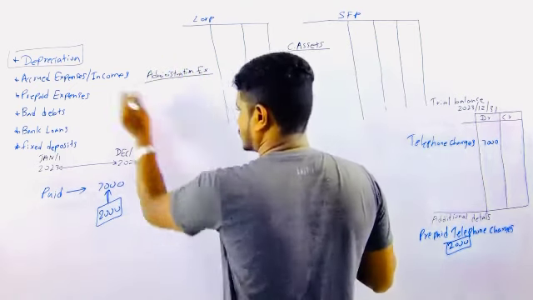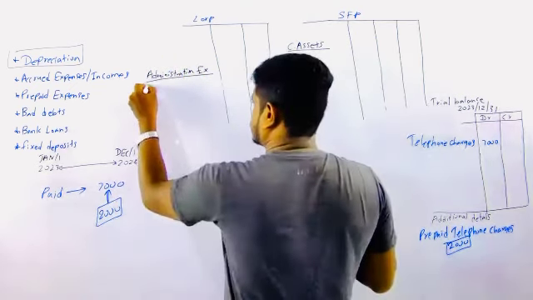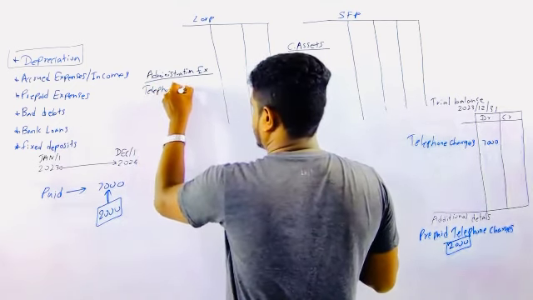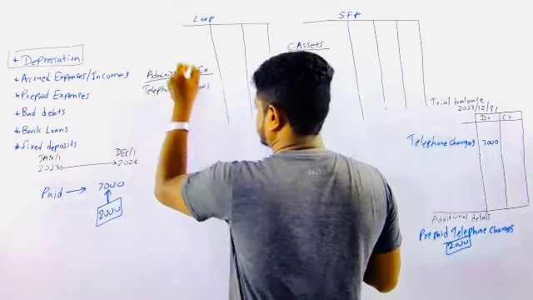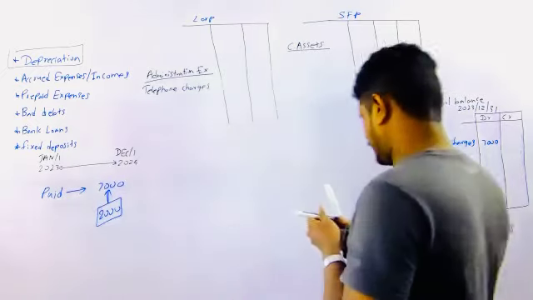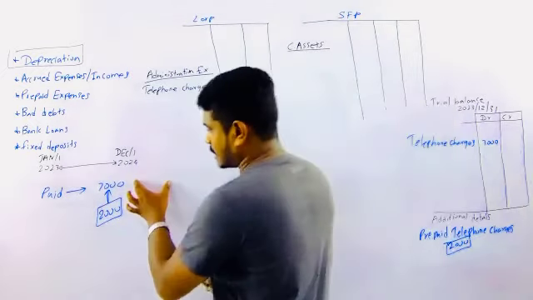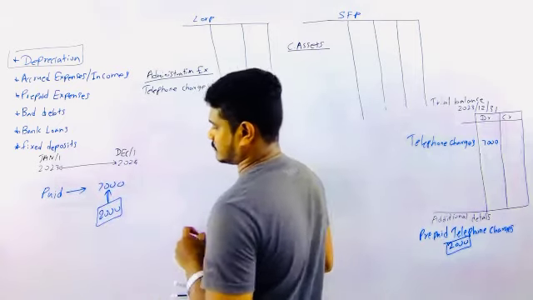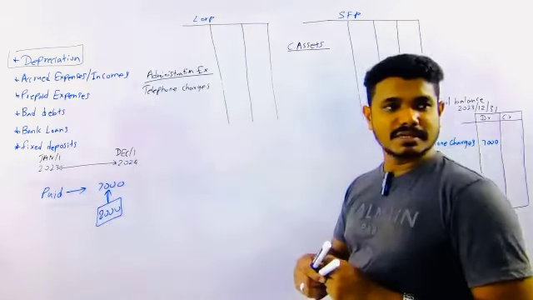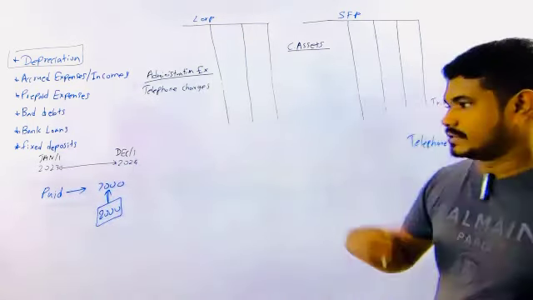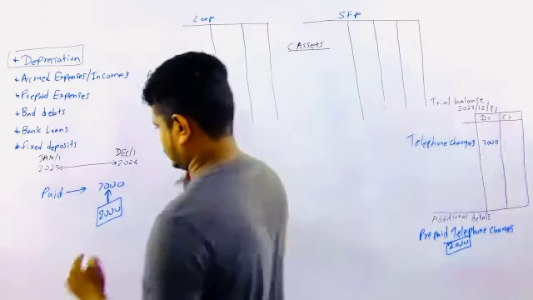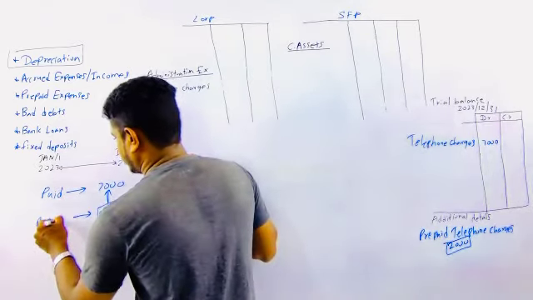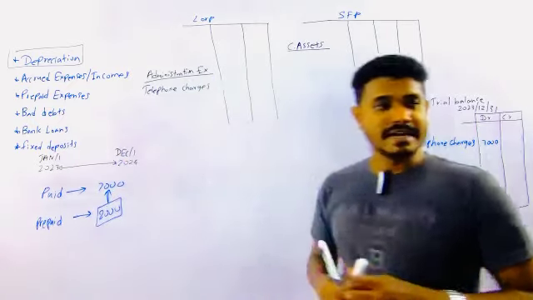Under administration expense, we can mention as telephone charges. And here we have paid 7,000, but for future we have paid another 2,000, right? So it means we have paid 2,000 prepaid, no? Prepaid 2,000. We have paid additionally 2,000.